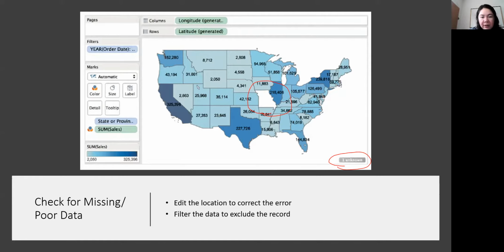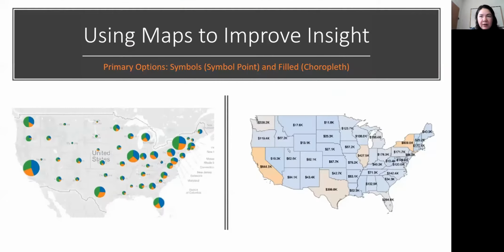All right, the book Hands-on Data Viz mostly focuses on the symbol point maps and the filled polygon type maps, the choropleth maps. The Tableau Your Data book also focuses on these, as well as some other options on data cleaning and so on.